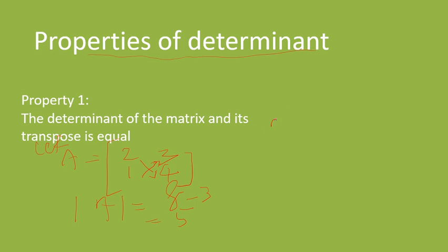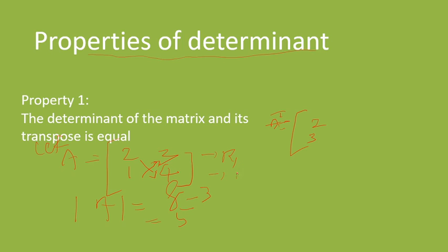Suppose I do the transpose, A transpose. What does A transpose mean? The first row, this is row 1, will become the first column, that is 2 and 3 in the first column.